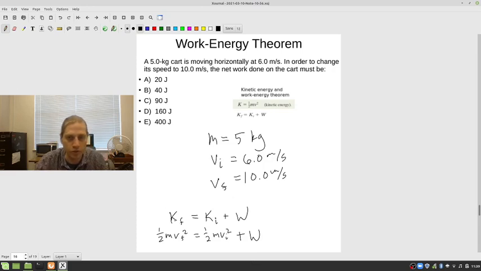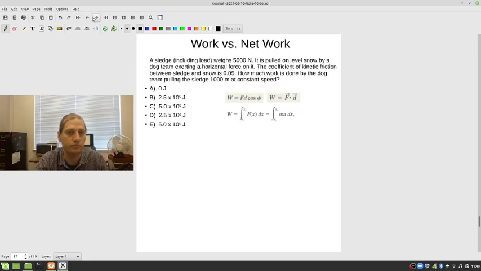And the amount of work is going to be positive because we caused that cart to get faster. Okay, I'll let you solve that one on your own time. Okay, similarly, that was a positive amount of work that was put in, and it made our object get faster.